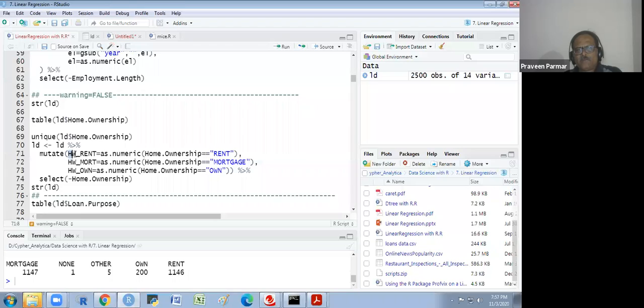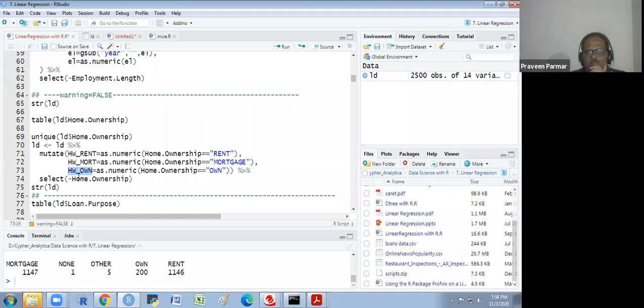The first column name I am writing is home underscore rent, HW underscore rent. And it is the home ownership column equal to rent, wherever it gets rent. And as.numeric, as.numeric means 0 and 1. So wherever it is rent, then 1, if there is no rent, 0. Similarly, I am doing it for home mortgage and home own.